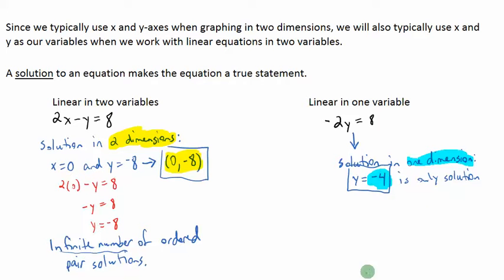Over here we had one solution in one dimension. But what's cool is when you have one variable, you can also look at solutions in higher dimensions. But when you have two variables, you can't look at solutions in fewer dimensions. You can't have a solution to this that just has one number. You have to have at least two dimensions when you've got two variables.